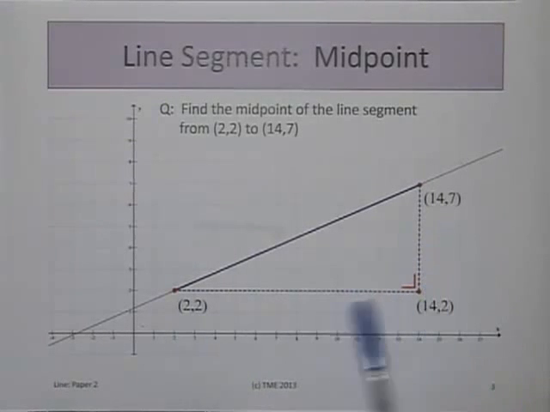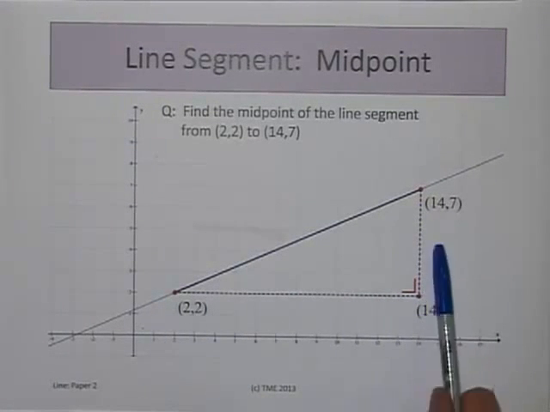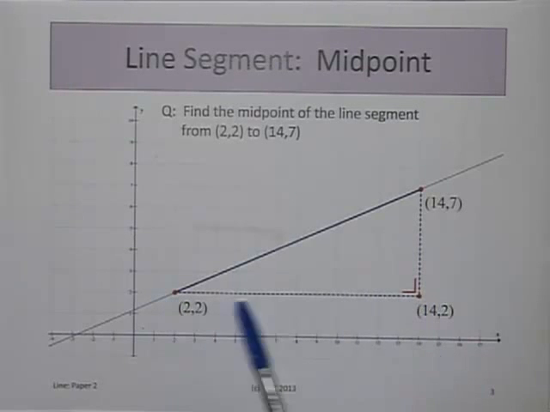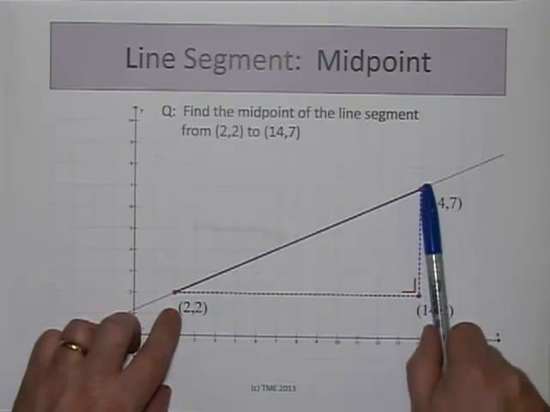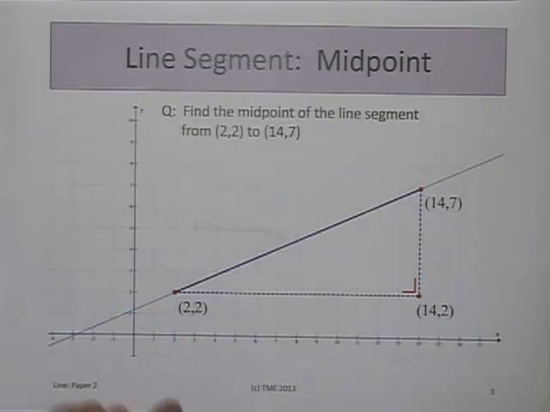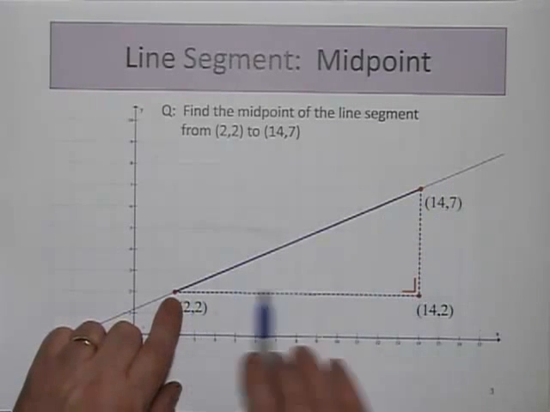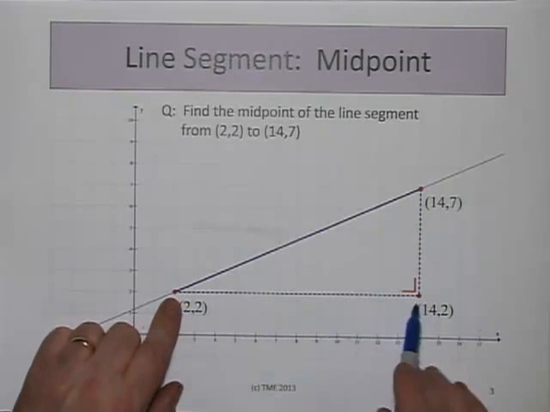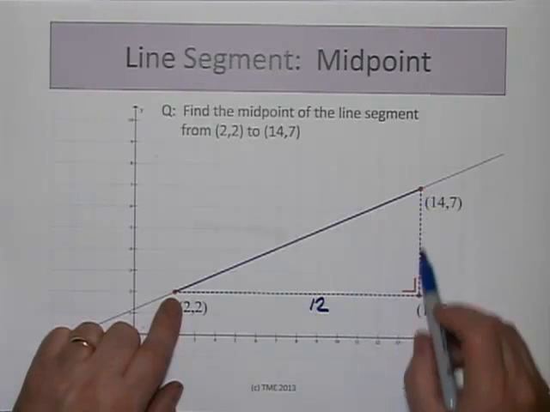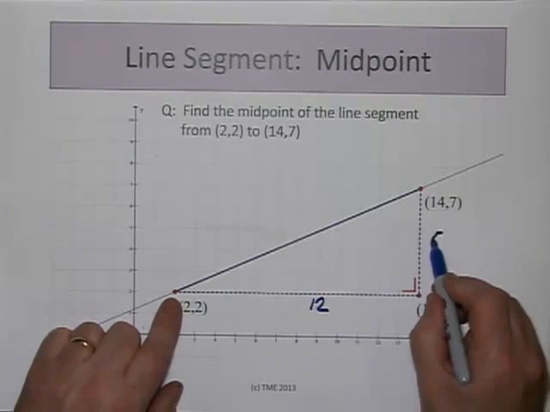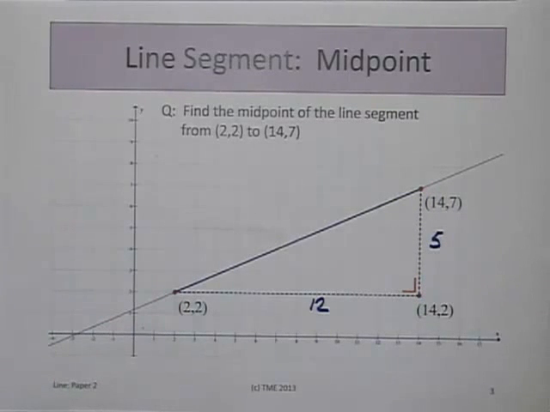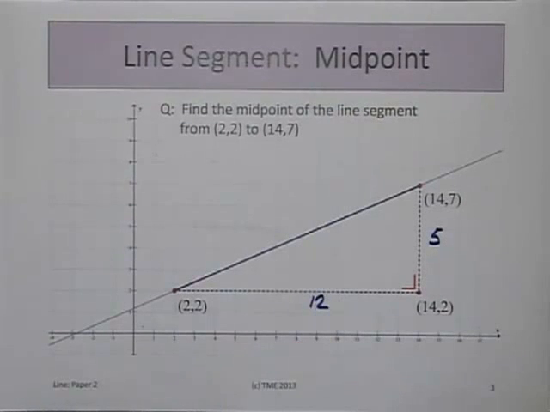But what we do is formally we draw it in terms of the 2 dimensions. And we say we dash this and we say, well, 2, 2, 14, 2 and 14, 7. So the difference between this point and this point is broken into 2 parts. It's broken into an east-west change of moving from 2 to 14, which is a total of 12. And here, moving north from 2 to 7, a total of 5. And half of that would be half of 12, which would be 6.